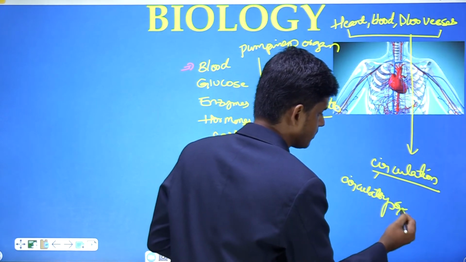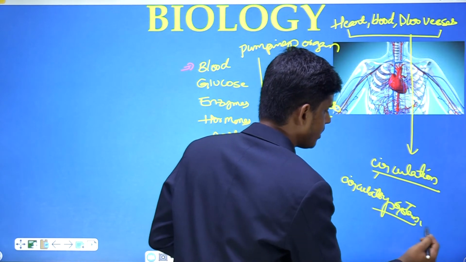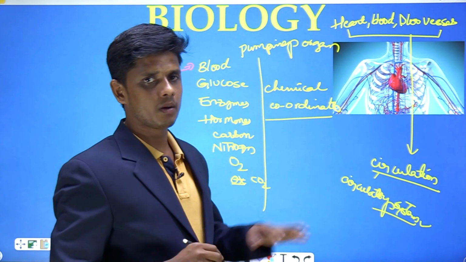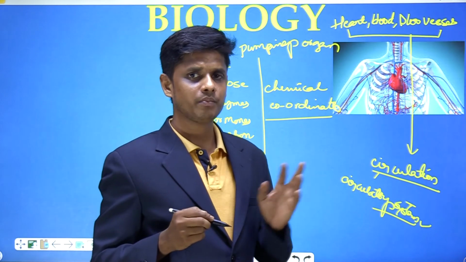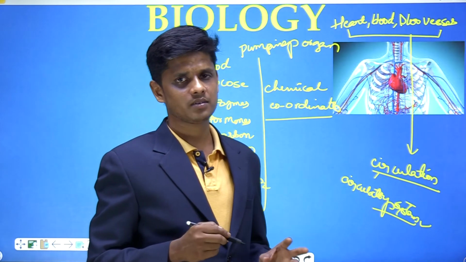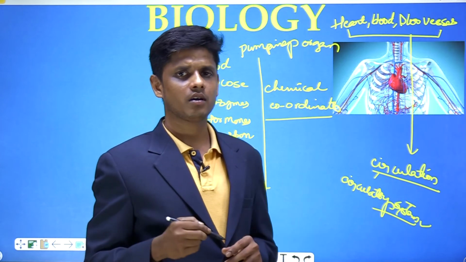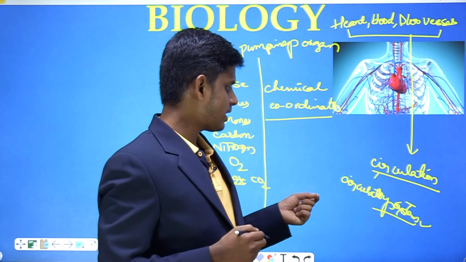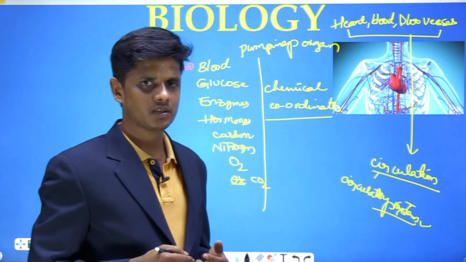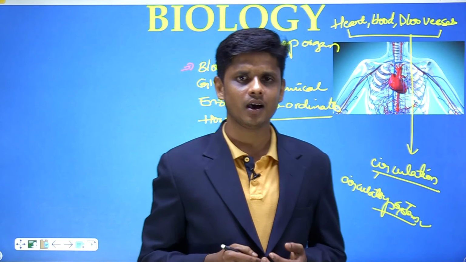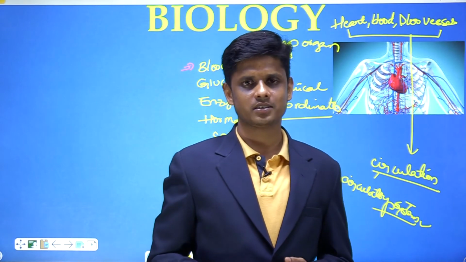This is the heading, or the meaning of the topic. You can say simply that the circulatory system plays an important role in the transportation of substances from one organ to different organs. For instance, glucose has to be supplied to different parts of the body from the small intestine, after the food gets digested in the stomach and later in the small intestine.